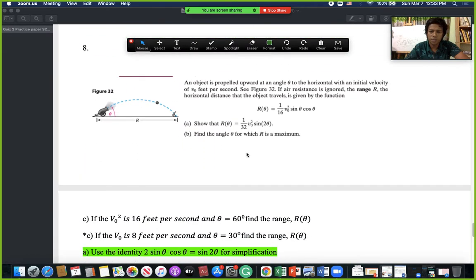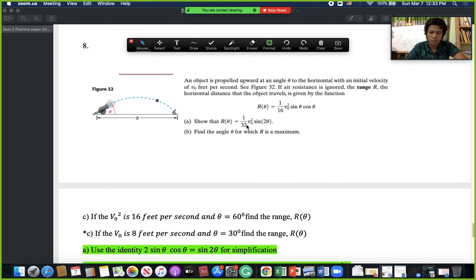This is also another math of similar type, where V0 square is 16 given and theta equals 60 degrees given. Find the range. So here directly V0 whole square equals 16. You do not have to put V, because V square equals 16 is given. So just put V square 16 here, then 1 by 16, then sine theta cos theta, or you can just directly put 60 degrees here, then do the calculation to find your answer.